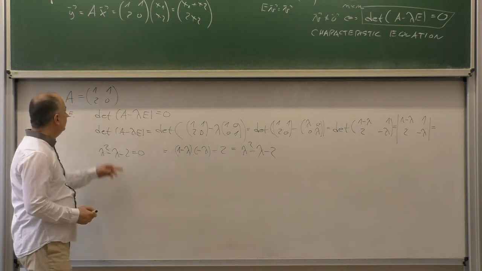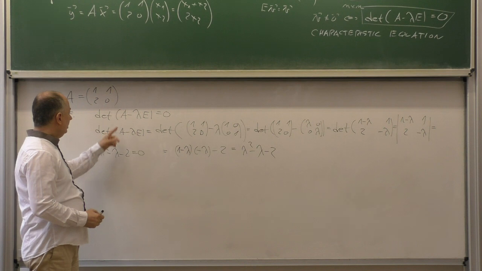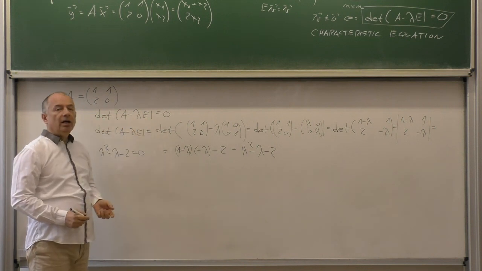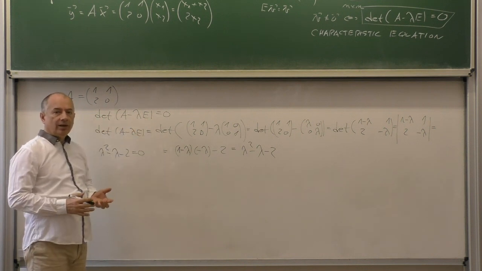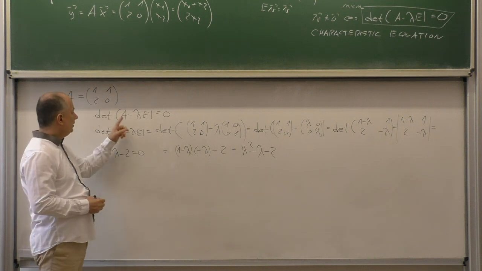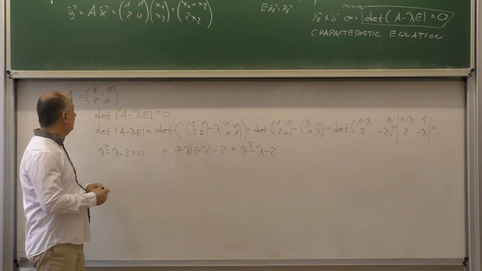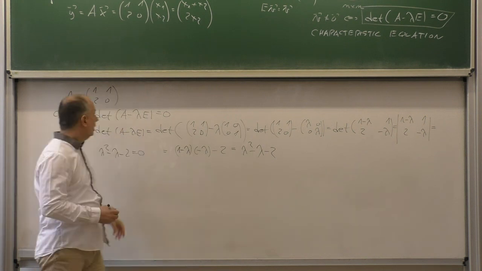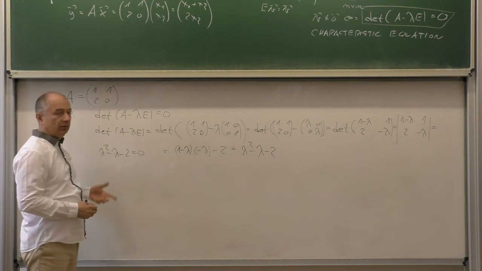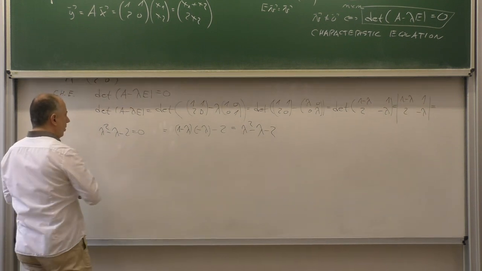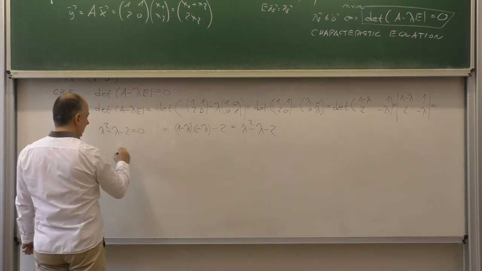And indeed, for n by n matrix, the characteristic equation has the left-hand side, which is also called the characteristic polynomial of the given matrix. This will be always polynomial, and for an n by n matrix, it will be polynomial of order n. Here we have 2 by 2 matrix, so polynomial of order 2. Well, this can be solved by many methods.